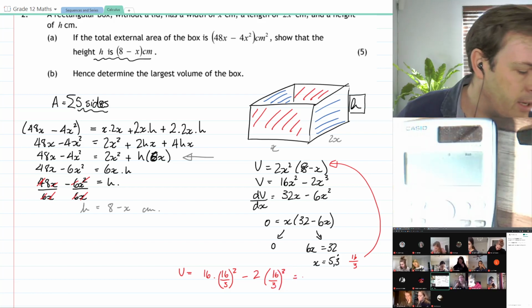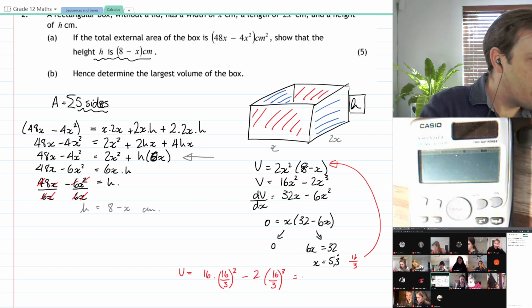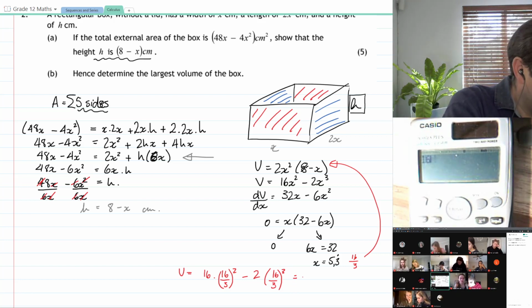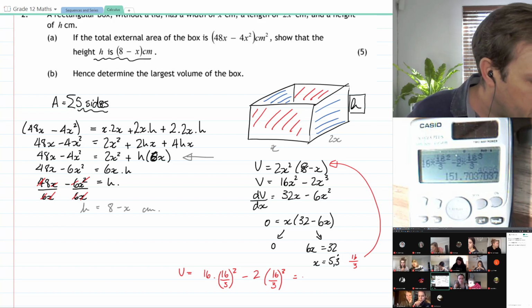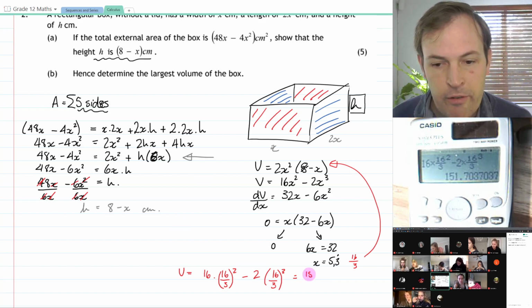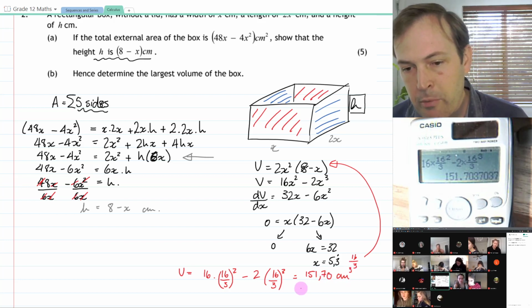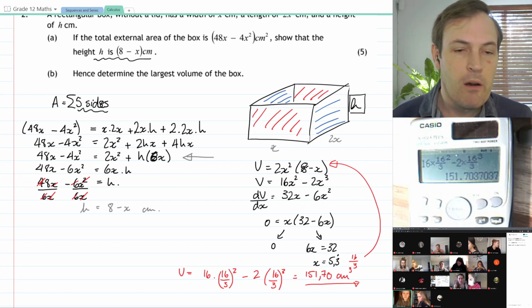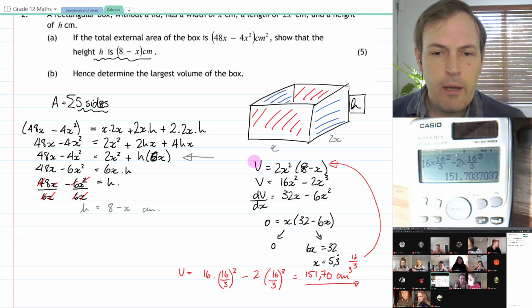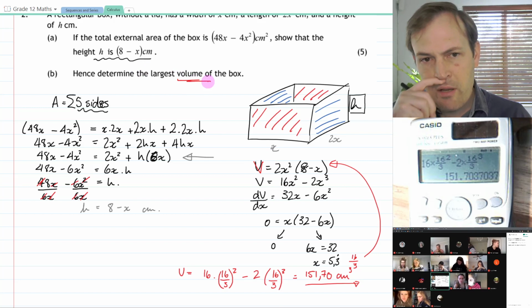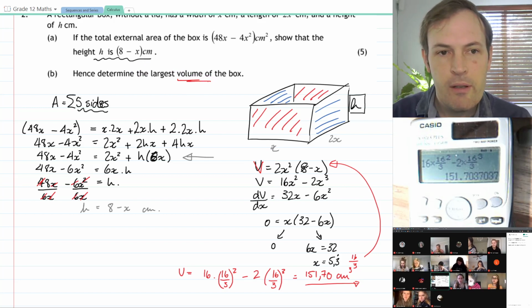And I'm going to go to a calculator for that. And I get an answer there of 151.70 centimeters cubed. All right, okay, I suppose it helps if you read the question. It was asking about volume there rather than area.